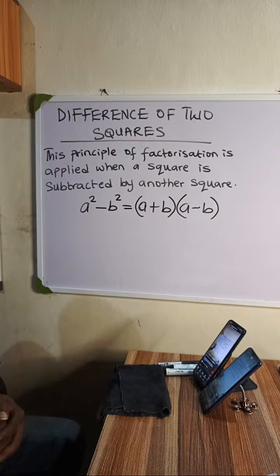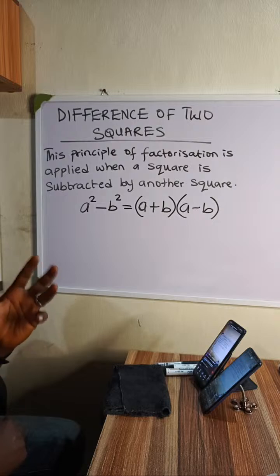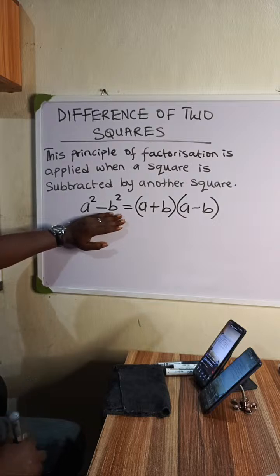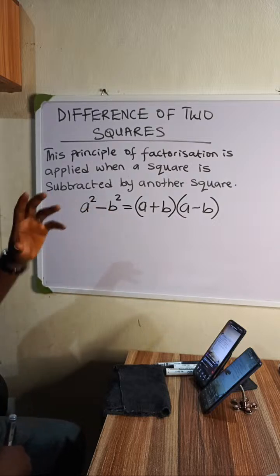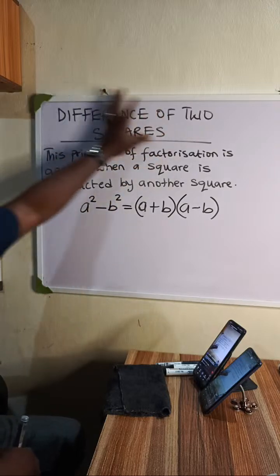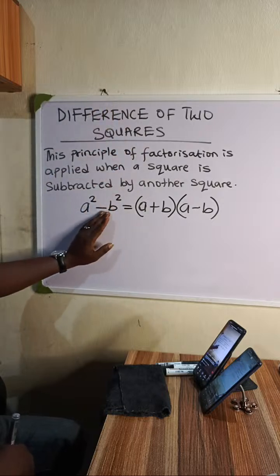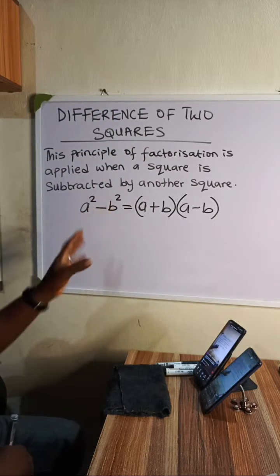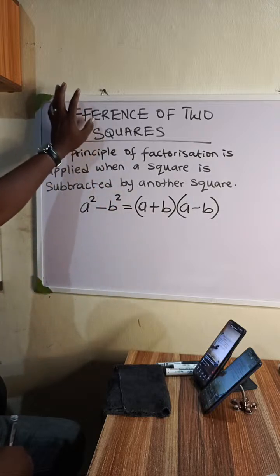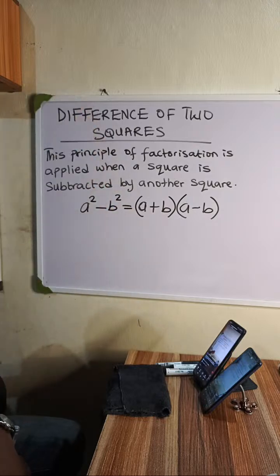Okay? So how do you know that you are supposed to use this equation? First of all, when you see an algebra like this, the first thing you observe is there is a subtraction sign. If you see an addition sign, you cannot use this. Once you see an addition sign, no matter how the algebra looks, forget about this method.